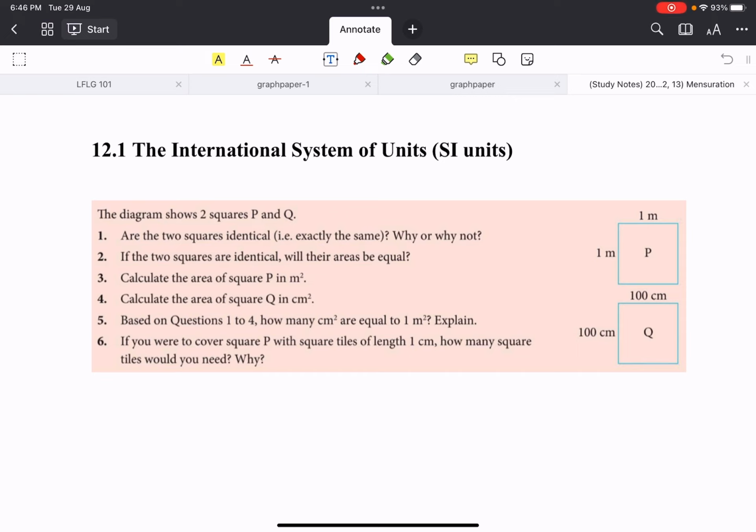The first thing we want to understand is how do we measure? Since the dawn of humanity, different civilizations have had their own way of measuring stuff, and it gets very complicated when people start to interact with each other. Hence, some years back, the scientific community came together, and they devised the International System of Units, sometimes shortened to the SI units.